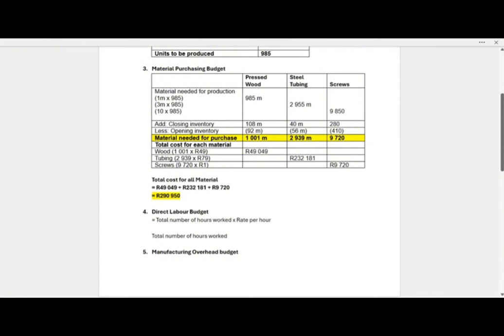So we can say 2 hours multiplied by 60 minutes, and then we also add 12 minutes. This is the formula to calculate the total minutes to produce one desk.